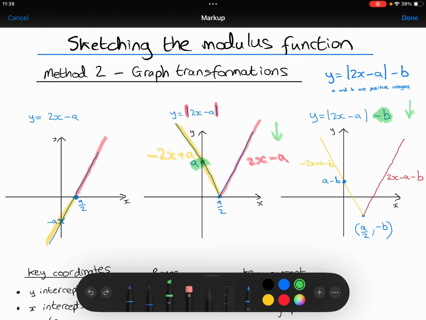Now, we do also want to mark on the x-intercepts here and here. To work out this one, that's where the yellow line has got y coordinate 0. So let's take the yellow equation and make the y coordinate 0. So if I add 2x to both sides and divide both sides by 2, I can say that that coordinate is a minus b over 2.